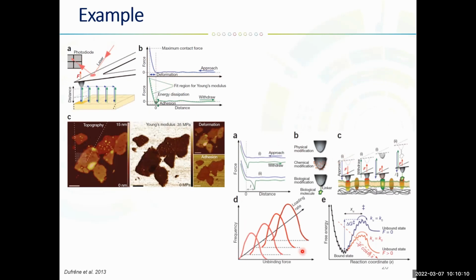So let's talk about this picture in a bit more detail. Here you can see the recording of functionalized atomic force microscope tips, where you have some chemical or biological modification. On this graph, you can see the first curve and the second curve.